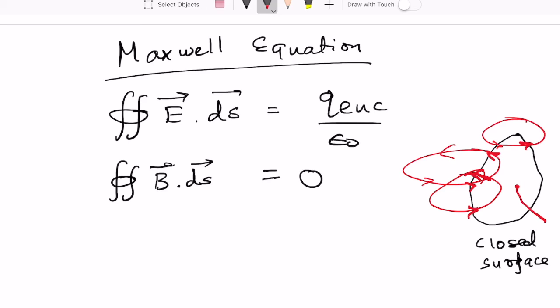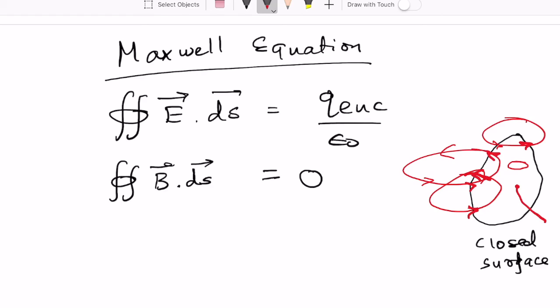And so that is why you cannot have a field line coming in and not going out. You can, of course, have field lines which are entirely inside. They don't cut the surface at all. So now think back to what the flux means. Flux counts the number of field lines which are cutting a surface, right?